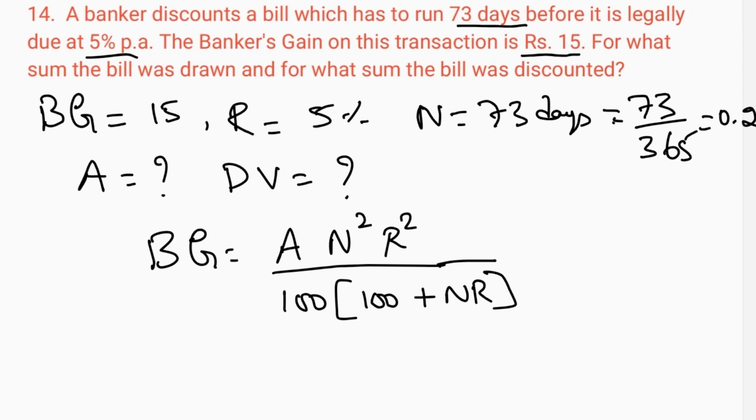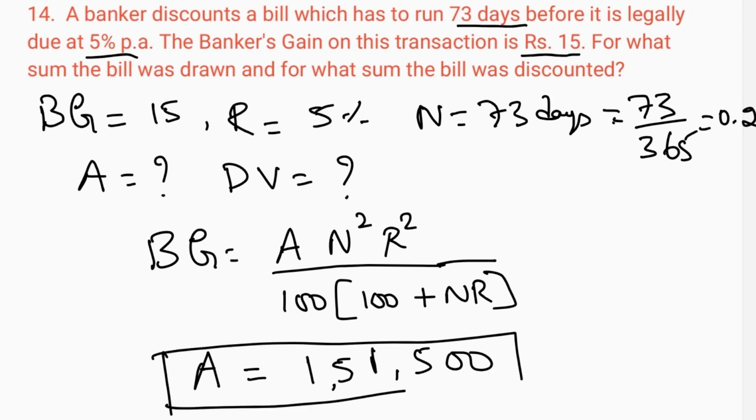BG 15, A keep as it is, n 0.2 square, R is 5 square. If you substitute here, you will get A as 1,51,500. So this is the amount or the face value.